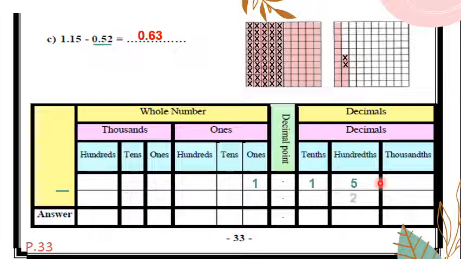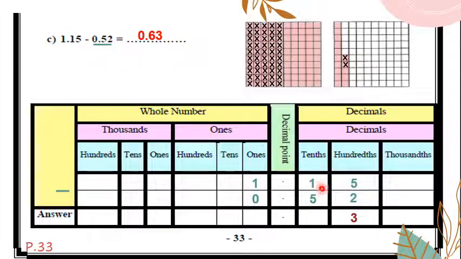Minus 2 here under the hundredths, 5 under the tenths, and 0 under the ones. Then I'm going to start the subtraction from the right side. 5 minus 2 equals 3.